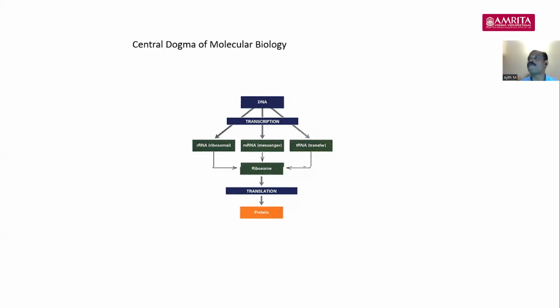So the flow of information in molecular biology is actually defined by a central dogma. The flow of information is always from the DNA to that of RNA to that of protein.